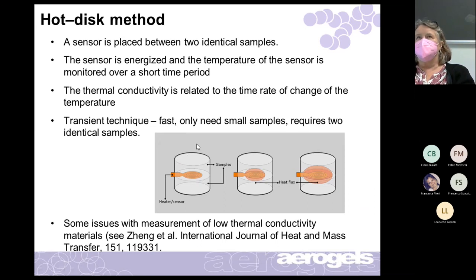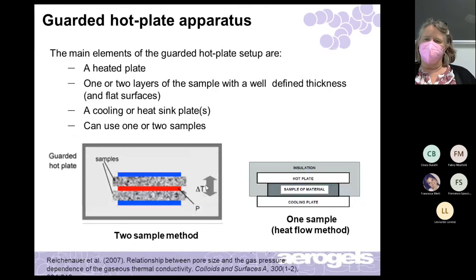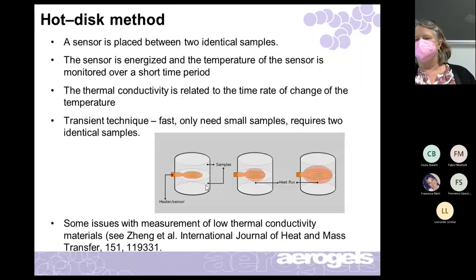If I make a large sample of aerogel and send it to an organization that does the guarded plate method, we know our samples are more like 20 milliwatts per meter Kelvin. So I'm currently investigating more on this to see how I can correct the data.